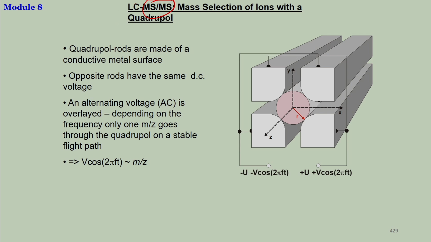LC is liquid chromatography, and LC-MSMS means liquid chromatography, mass spectrometry. In this case, you send your molecule through an HPLC, which separates the molecule, and then the eluted samples come through a mass spec.